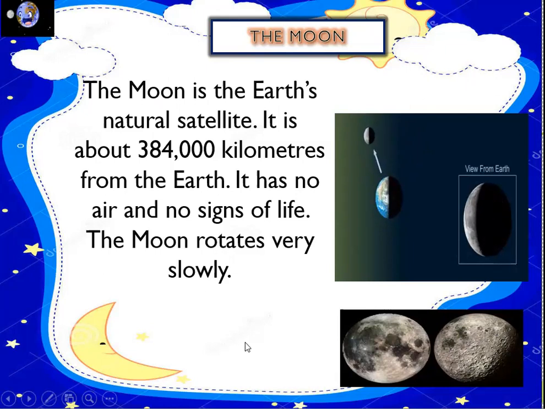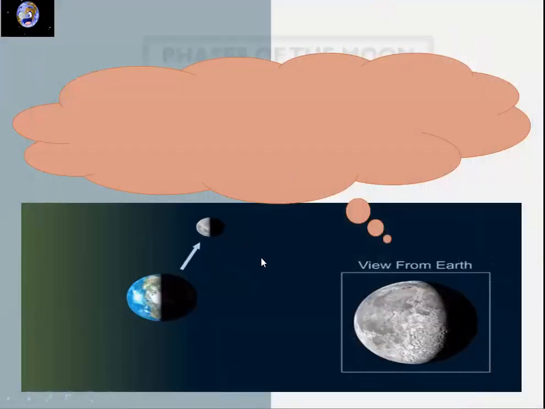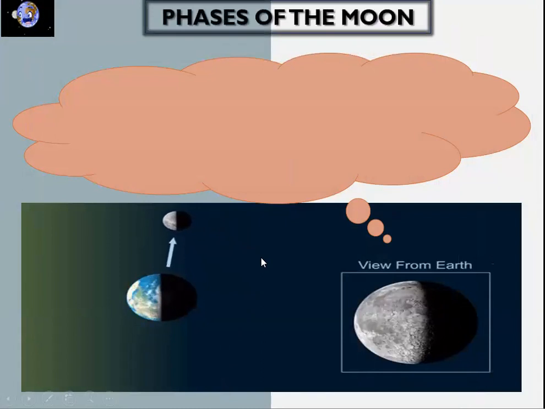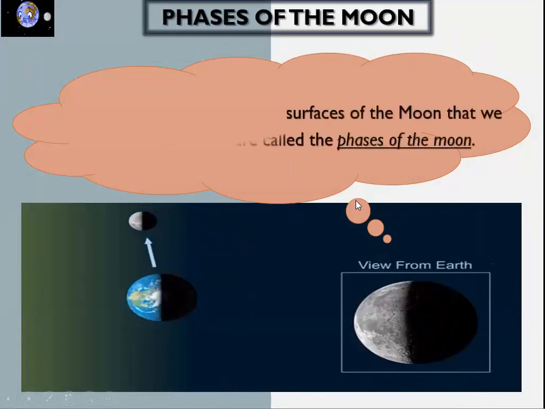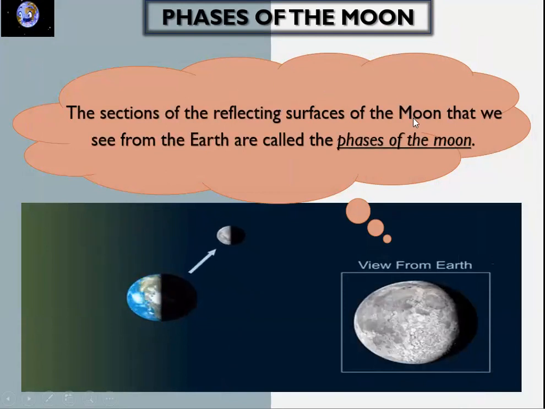Phases of the moon. Students, the moon revolves around the earth once every lunar month, or 29.5 days. When the side of the moon lit by the sun faces the earth, we see a full moon.